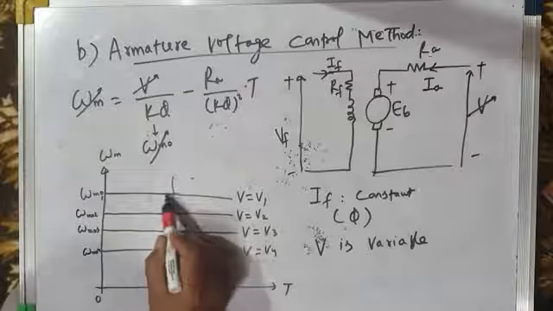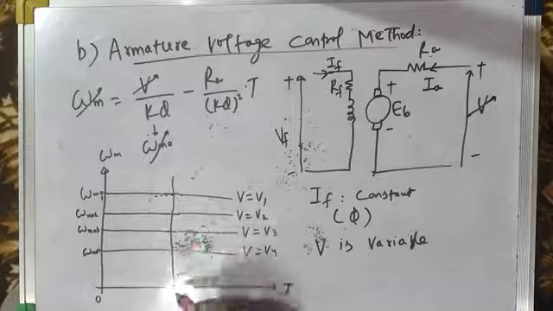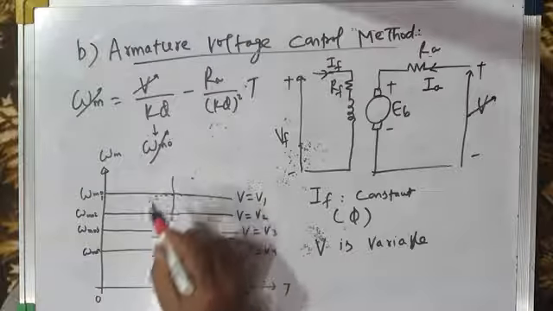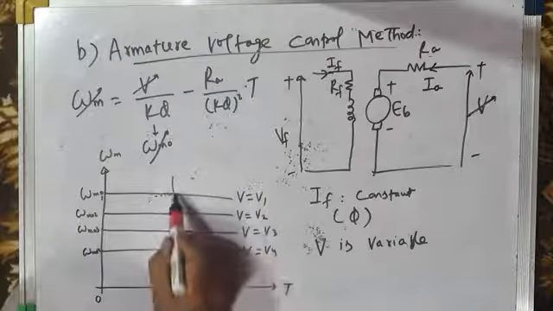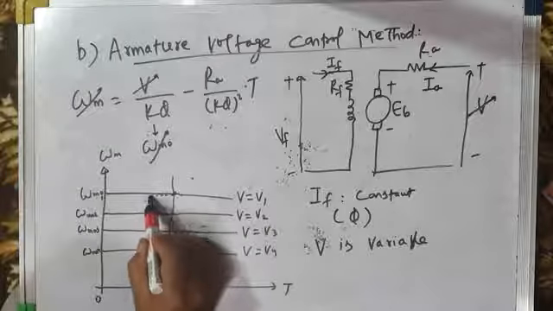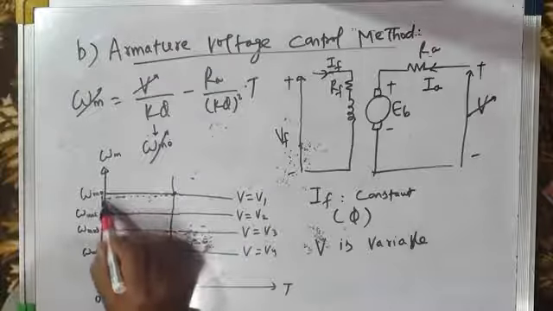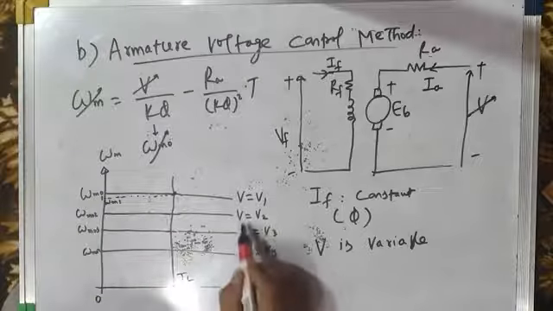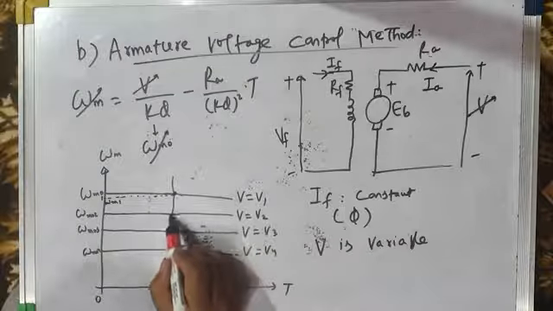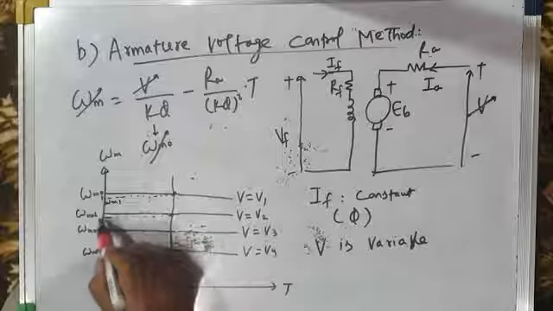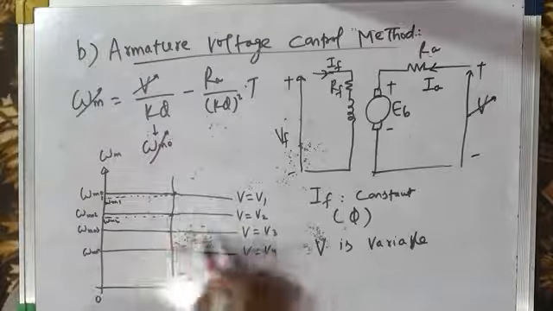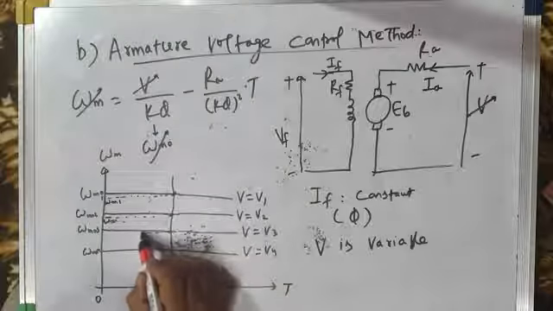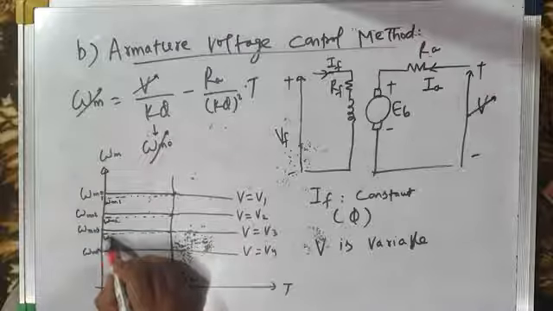The point of intersection between the load torque speed characteristic and the motor torque speed characteristic gives the operating point. So this is the operating point for V equal to V1, and the speed of the motor is omega m1. For V equal to V2, this is the operating point and the speed is omega m2. For V equal to V3, this is the operating point and the speed is omega m3.